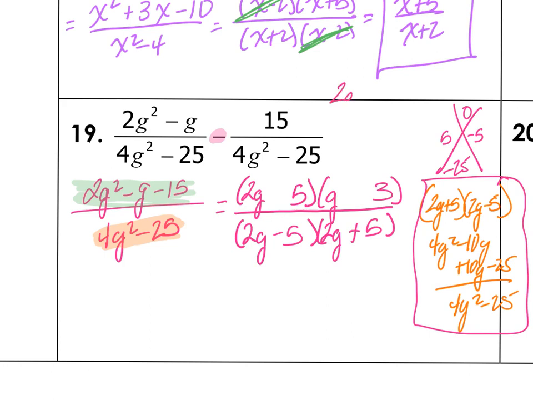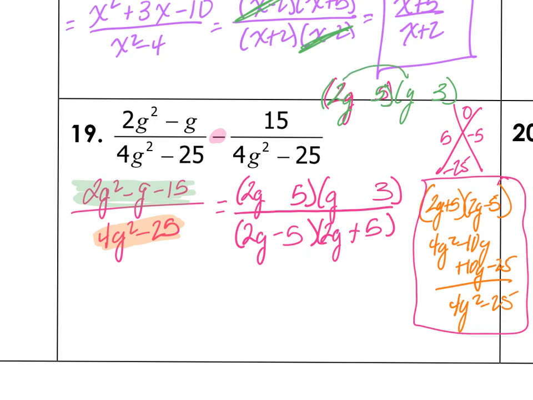I'm going to take 2g and 5 and multiply it by g and 3, and then we'll put the signs in when we know what they're going to be.